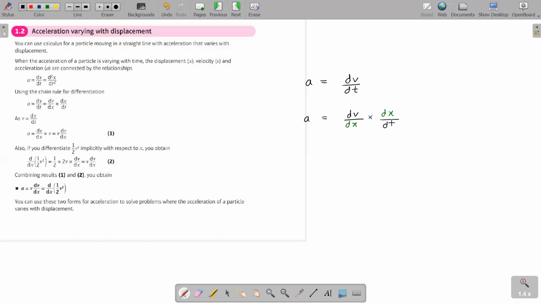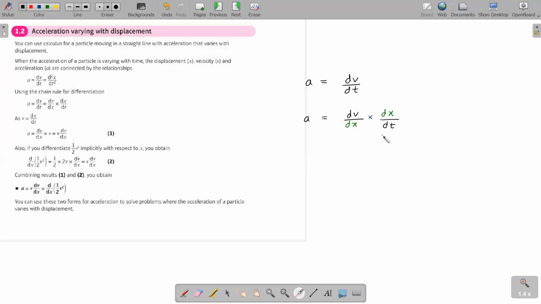Can you see that I've actually written the same thing but introduced a new variable, because I still have dv by dt here? So I used the x variable to break it up. I'm basically using the chain rule of differentiation. We just introduce the new variable and break the given equation. So dv by dt, I broke it with x.